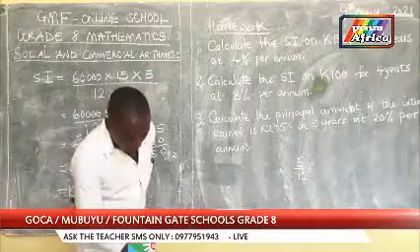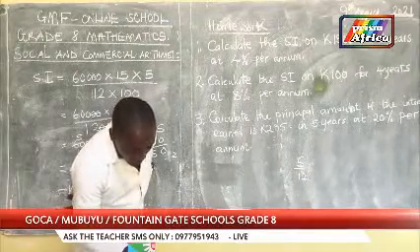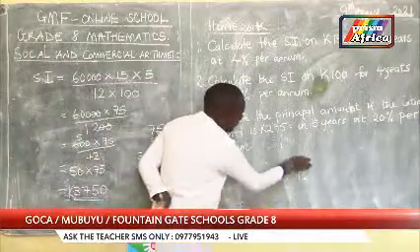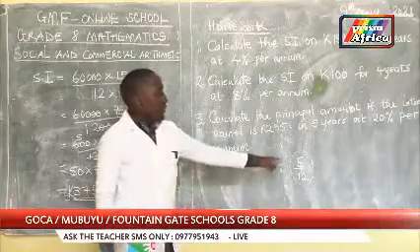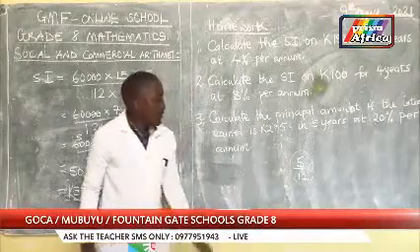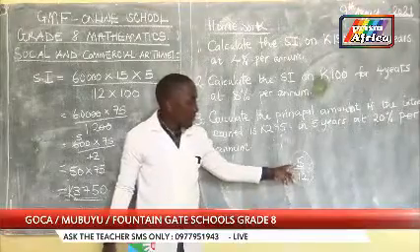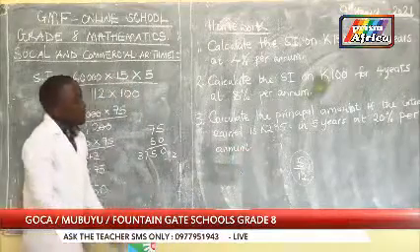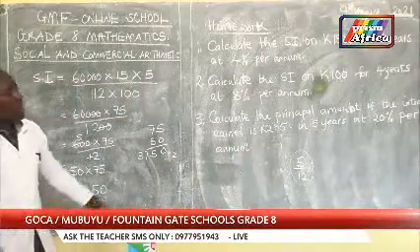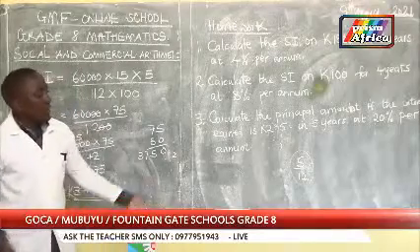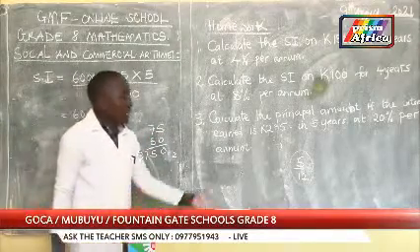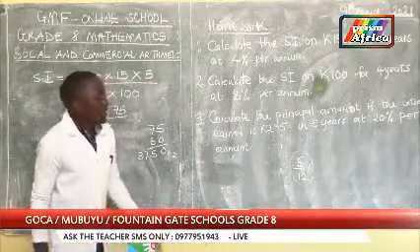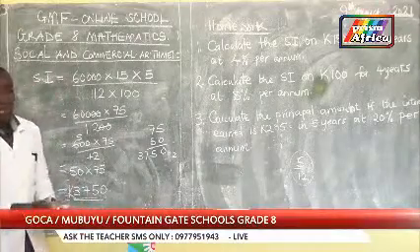So the emphasis is on why we use 5 over 12 as a fraction. When you divide 5 by 12, you are going to have a decimal number, and multiplying numbers using a decimal number will give you challenges. That's why we opt to choose the fraction so that we perform the calculations first.